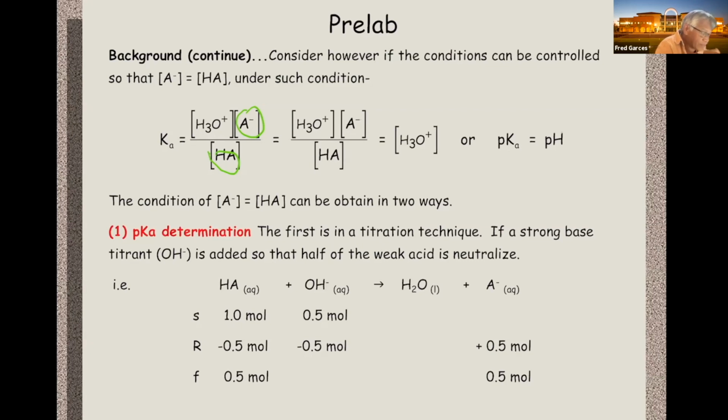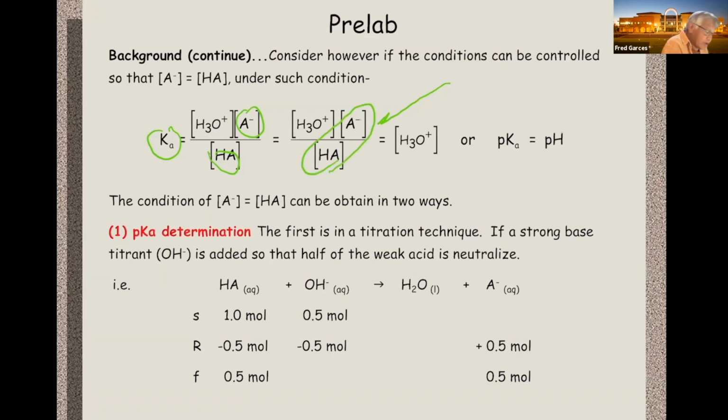And then you can use something called the Henderson-Hasselbalch equation. But nevertheless, what you can do is you can measure the Ka via the mass action expression, or you can measure the Ka using the condition in which both the acid and its conjugate are equal.